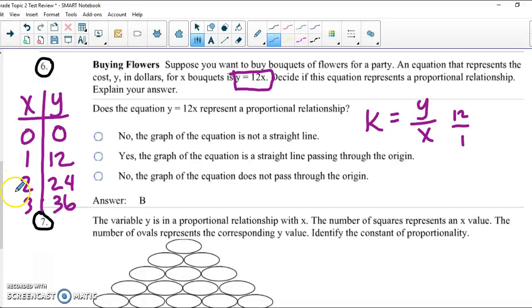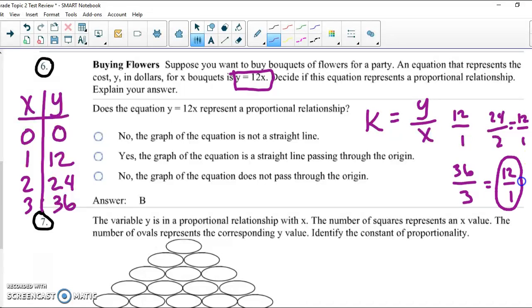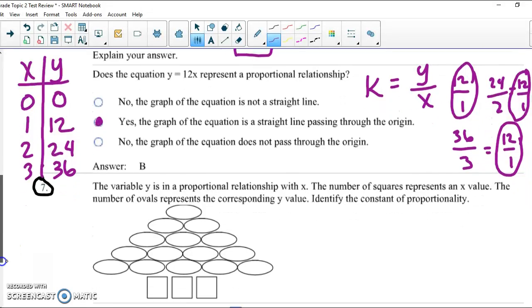My next point in the line is (2, 24), so y to x would be 24 over 2, which reduces to 12 over 1. And looking at the third point, 36 over 3 will also reduce to 12 over 1. So I see a constant ratio in my table of 12 to 1, so I would say yes, this is proportional.